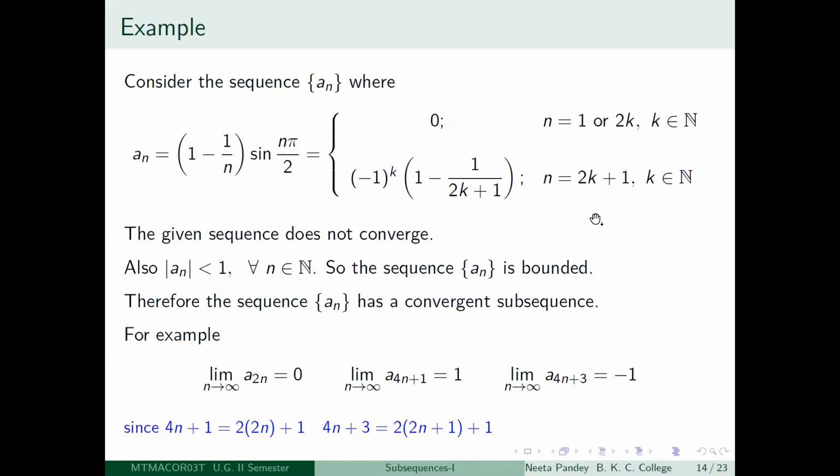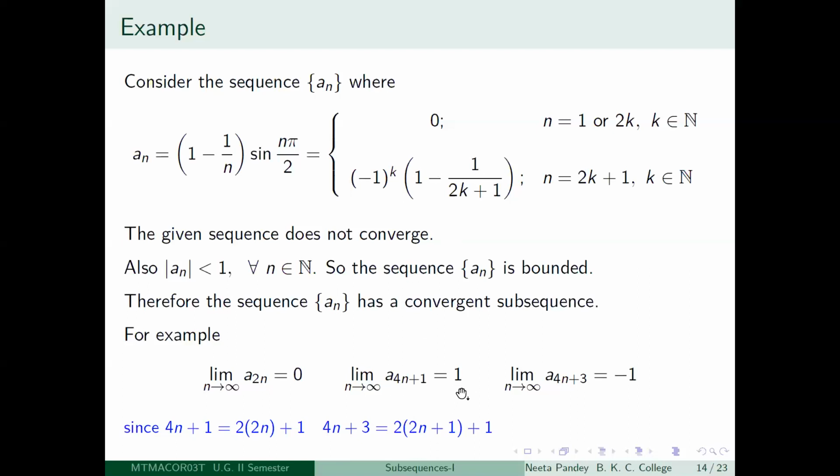And if I look at k to be even, so it is some 4m, then it will look like 2 into 4m plus 1, so it looks like 4n plus 1, right? I have written that down carefully here. So if I take k to be even, then the final terms are indexed by 4n plus 1, where n is a positive integer, and they will converge to 1, because this becomes 1, and 1 minus 1 by 2k plus 1, as you take k tending to infinity, goes to 1.